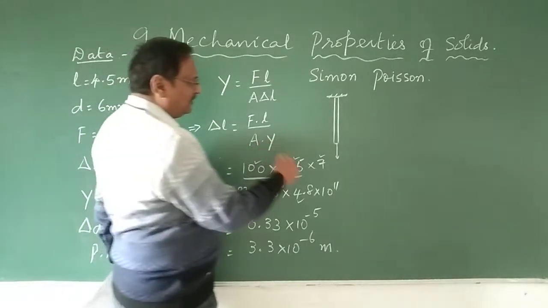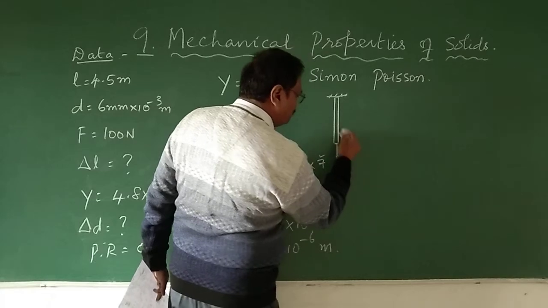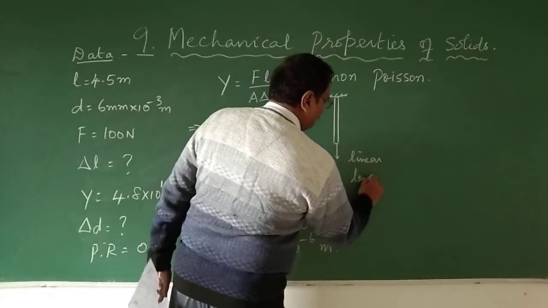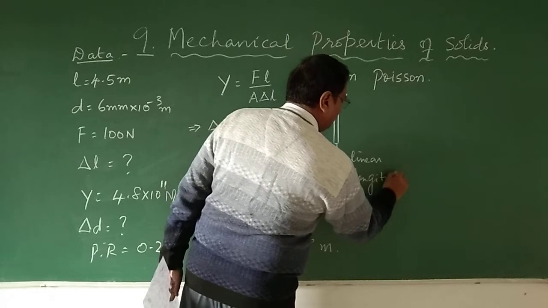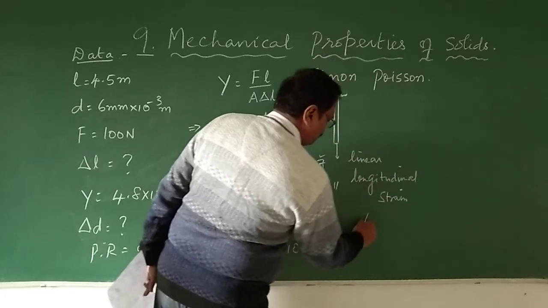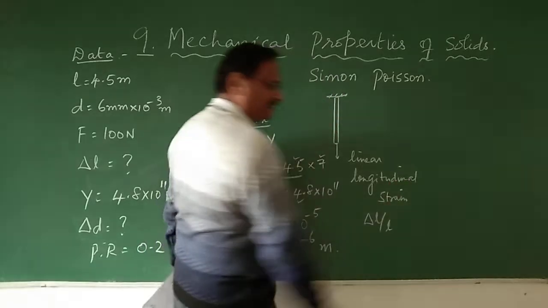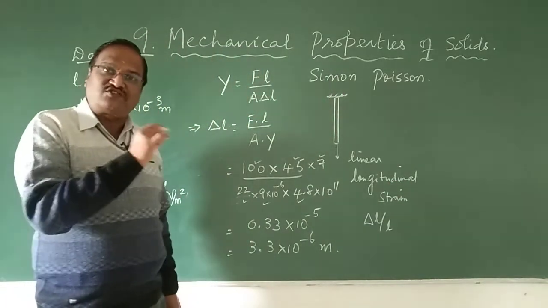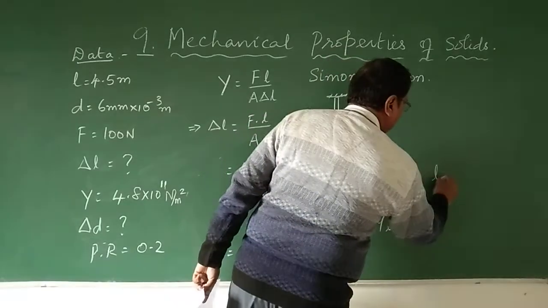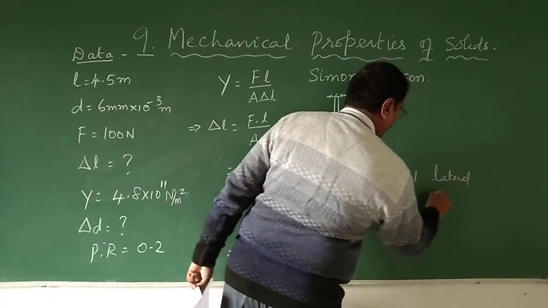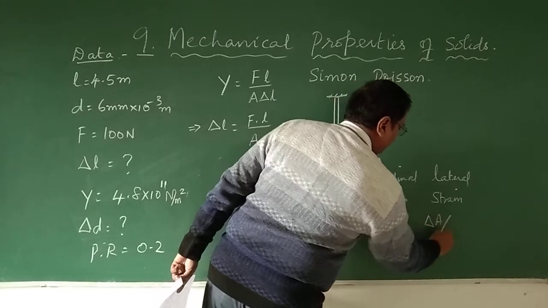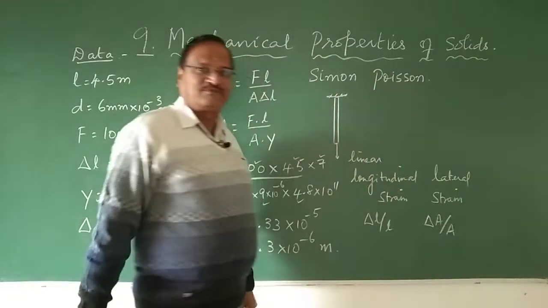So naturally, if there is a longitudinal strain, which is change in length upon original length, there should be a change in the area, and that is called lateral strain. That is change in area upon original area.